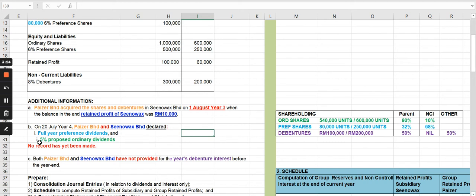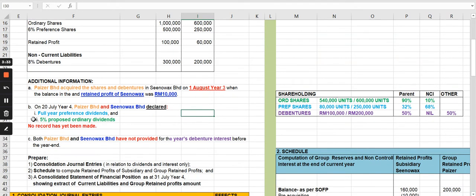There is also a declaration made at the end of the year, on 20th of July, right before the year end. The subsidiary as well as the parent propose a 5% dividend. Both parent and subsidiary have not made any record on this particular proposal.